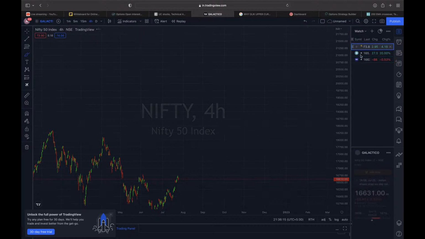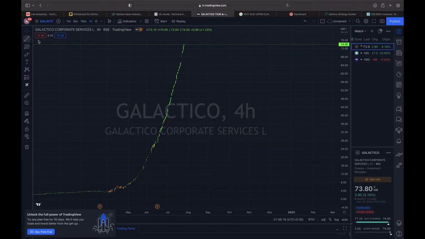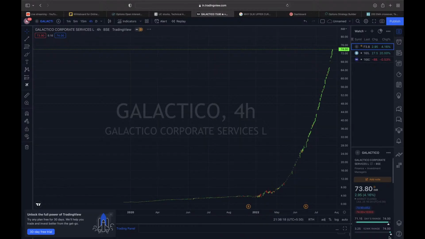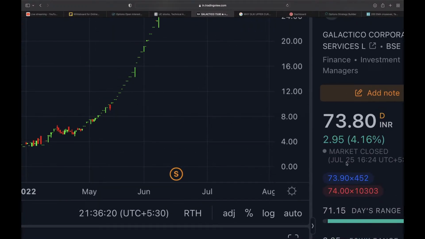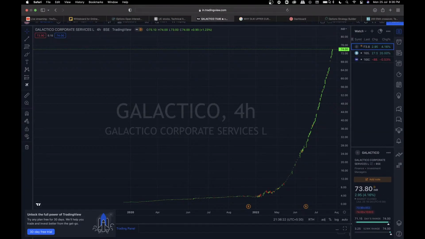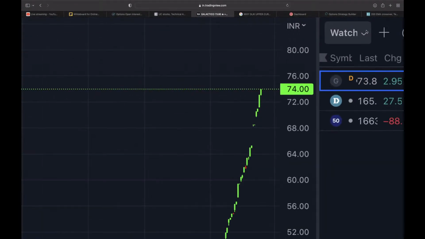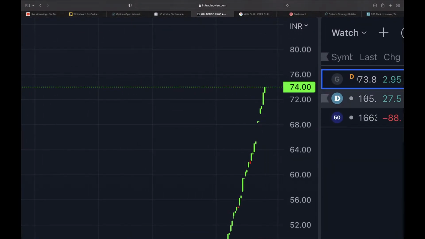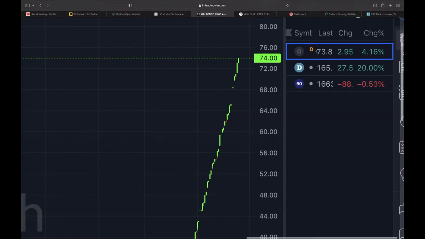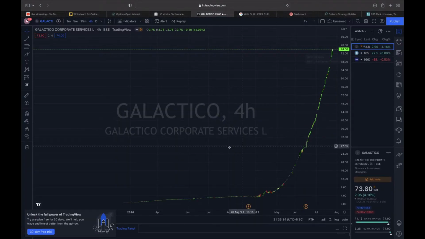So for example, there's a company known as Galactico. See, okay. Galactico started at 0 rupees and today it is over at 74 rupees. And every day these shares are up by 5%. Check this out.